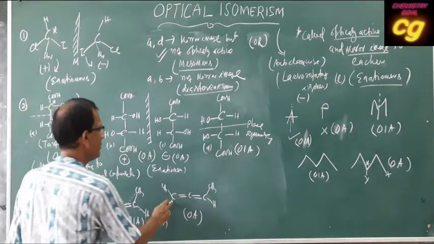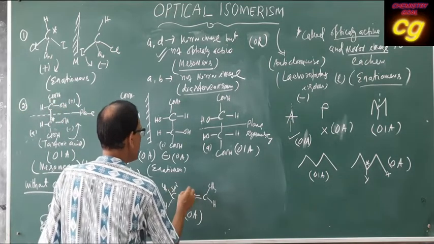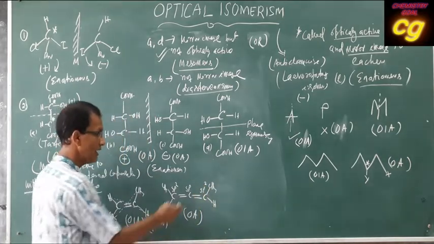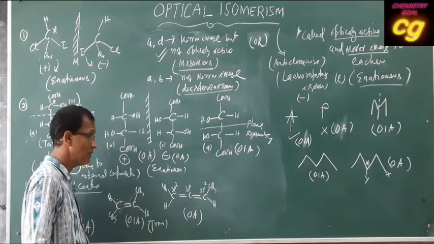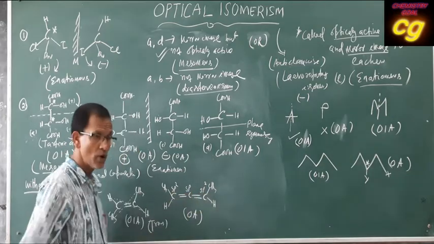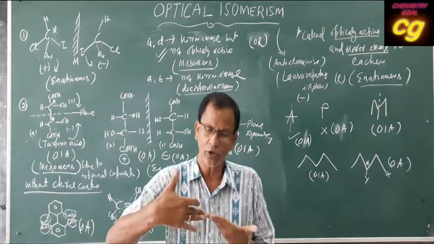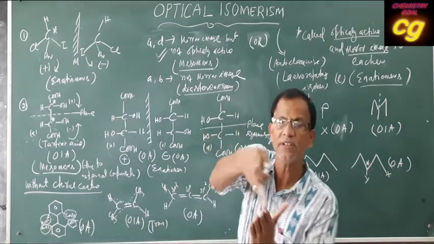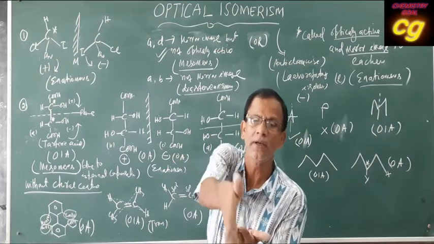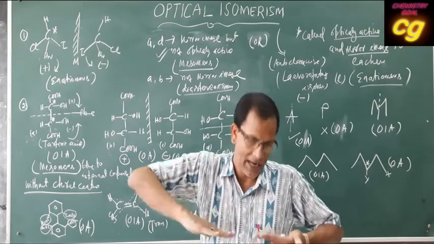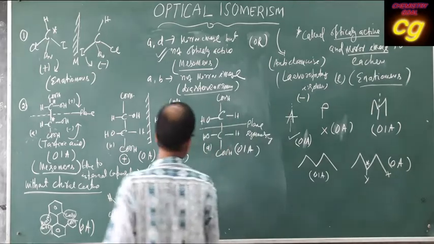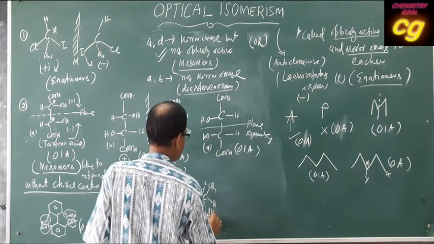But no, here hybridization is sp2, here sp, here sp2. That's why, as I told you earlier, this group and this group, one will be horizontal, the other will be vertical. It will remain like this, not like this. So this is called allene. This type of group is called allene.